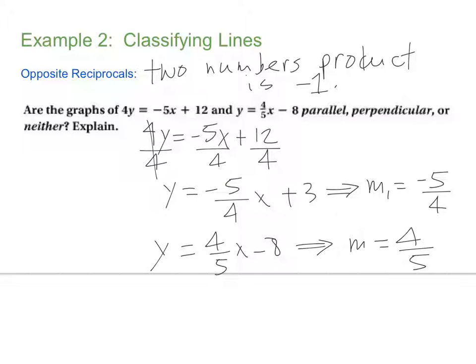So if we call the first slope we found slope 1 and the second one slope 2, we'll note that m1 times m2 is negative 5/4 times positive 4/5. 5 over 5 is 1, 4 over 4 is 1. I got a negative, so I end up with negative 1.